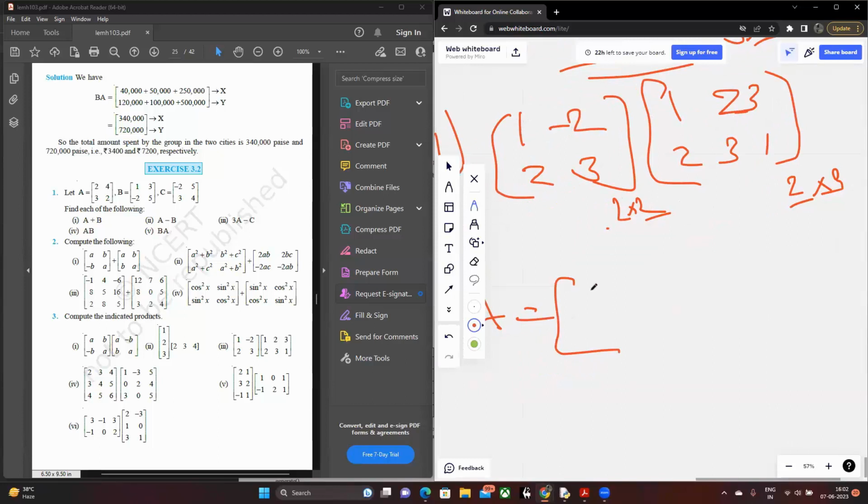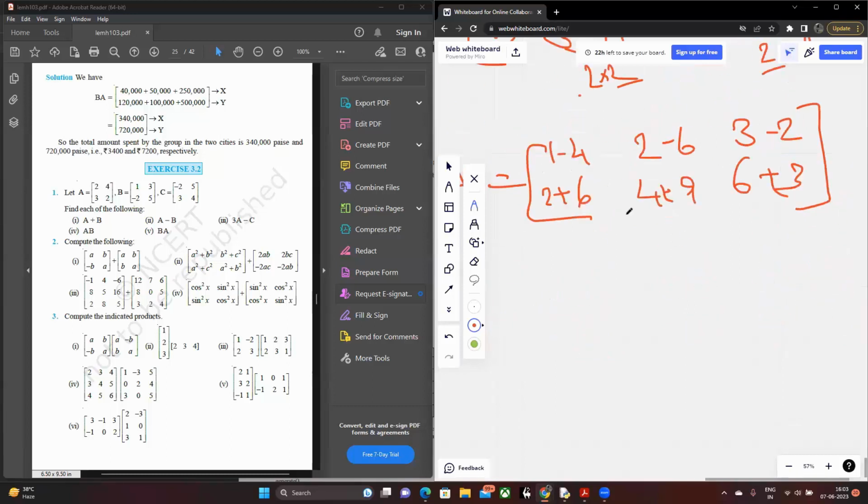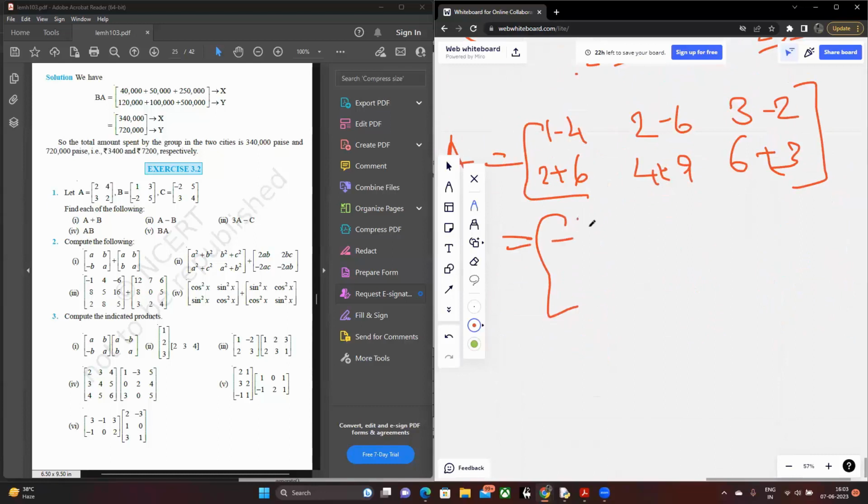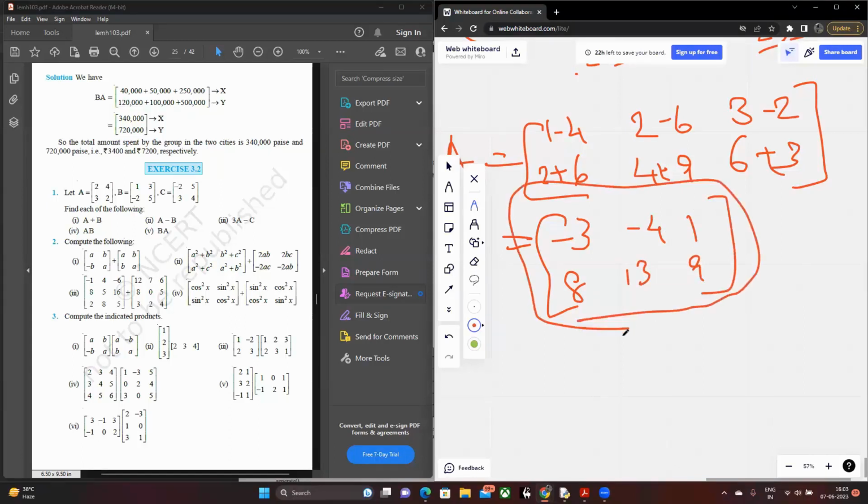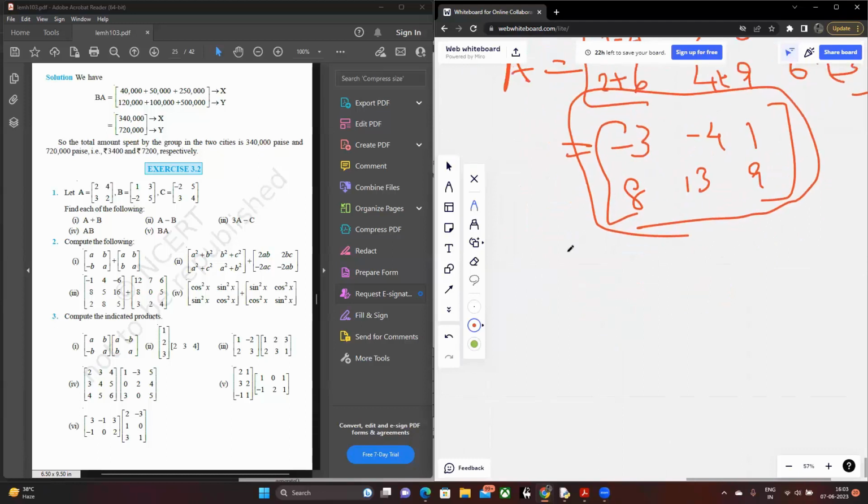Which means that you're basically going to have, this is 1 minus 4, then this is 2 minus 6, this is 3 minus 2, and this is going to be 2 plus 6, this is going to be 4 plus 9, and this is going to be 2 into 3, 6 plus 3, which is basically minus 3, minus 4, 1, 8, 13, and 9. This is going to be your answer, right?